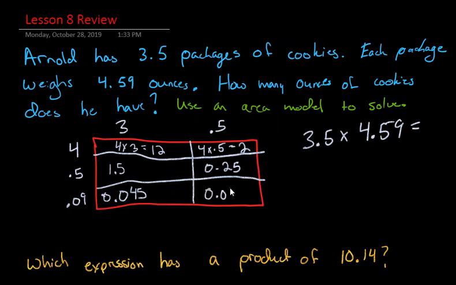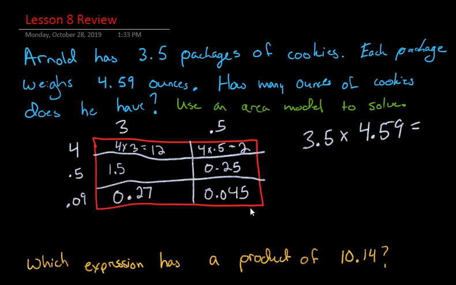Hold on. This goes here. Let me get my eraser real quick. I need to do 9 times 3 is 27. And then I have 2 places behind the decimal. So 9/100ths times 3 is 27/100ths.